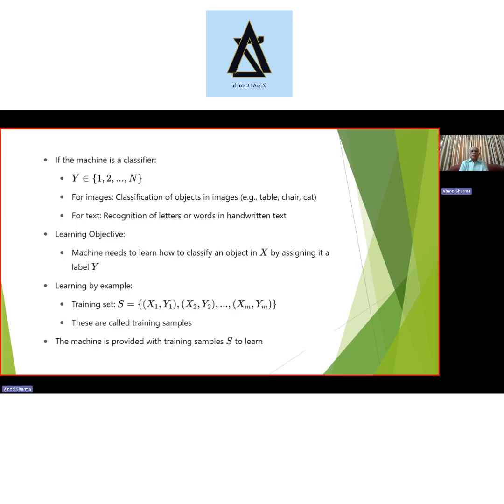It could be table, chair, cat, and so on. One very important classification of objects in images is the face recognition system. In each image there is the face of a person, and the machine has to classify which person it is among a given number of people.